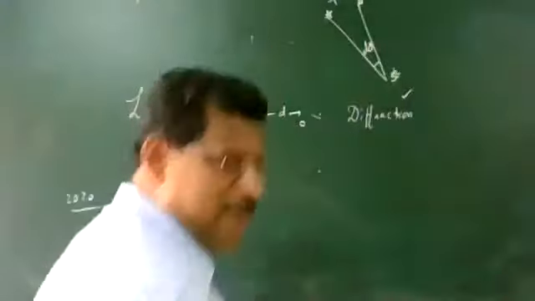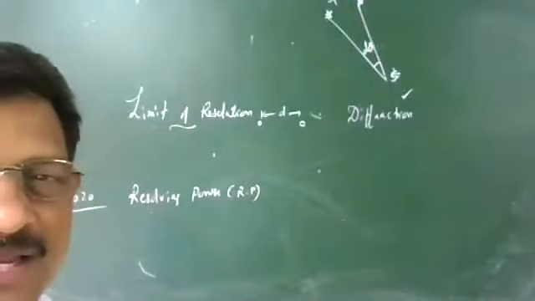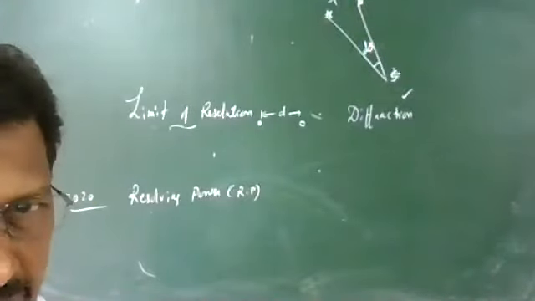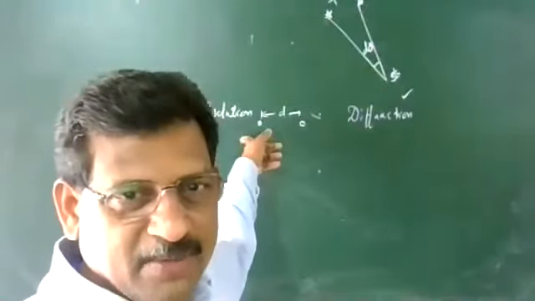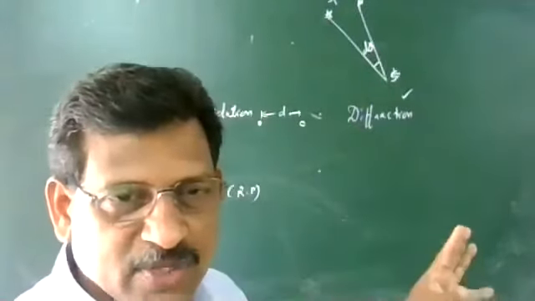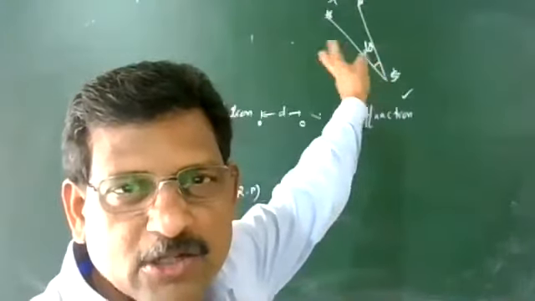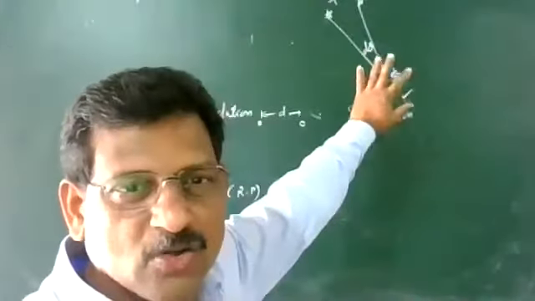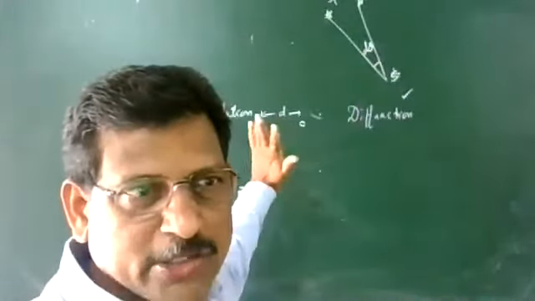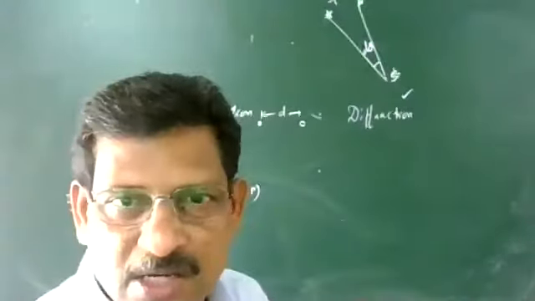What is the minimum angle required to see them separately? That is known as limit of resolution. In the case of a microscope, it's the minimum linear distance at which you can see them clearly. And for a telescope, it is the minimum angle required to see the image of very far away objects clearly. That is called limit of resolution. So for a microscope it is linear distance, and for a telescope it is angular distance.